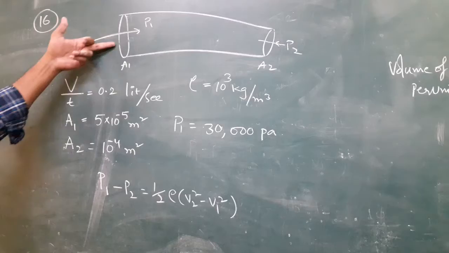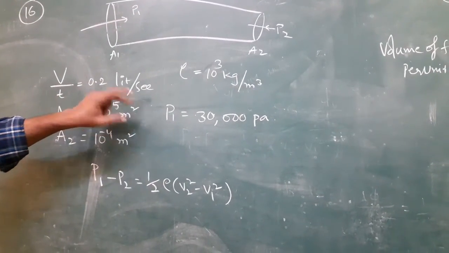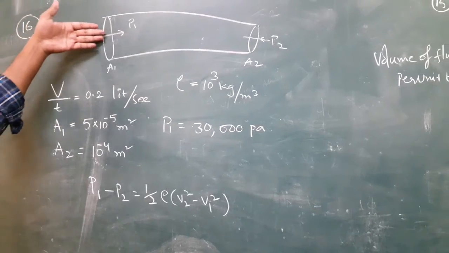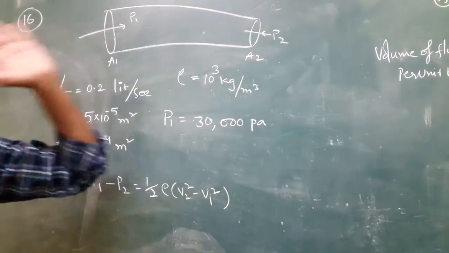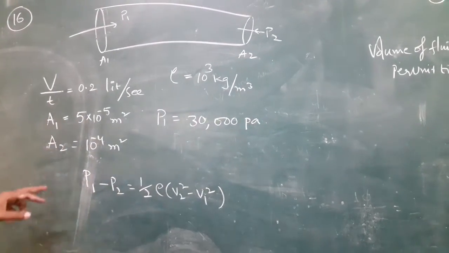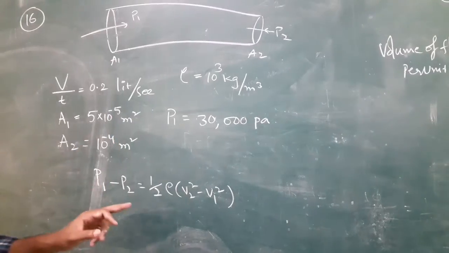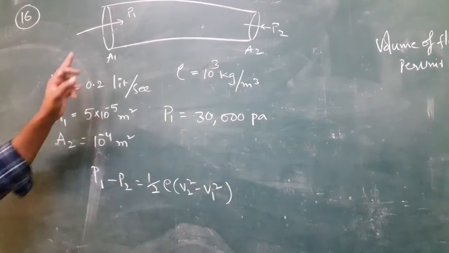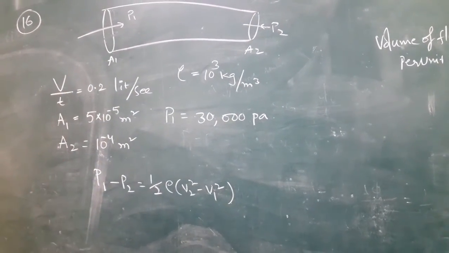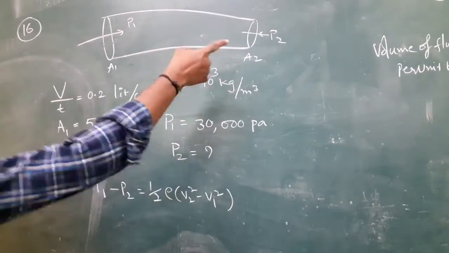Here the volume of fluid flow per unit time is 0.2 liter per second. That means in 1 second, 0.2 liters of fluid is flowing through it. The density is 1000. The area of cross section at both ends is given. The question is the pressure at the second end.